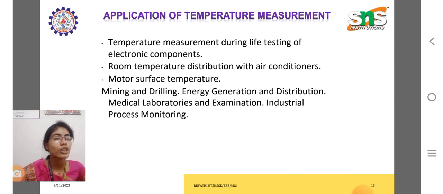Some applications of temperature measurement are: live testing of electronic components, room temperature distribution with air conditioners, motor surface temperature, mining and drilling, energy generation and distribution, medical laboratories and examination, and industrial process monitoring.